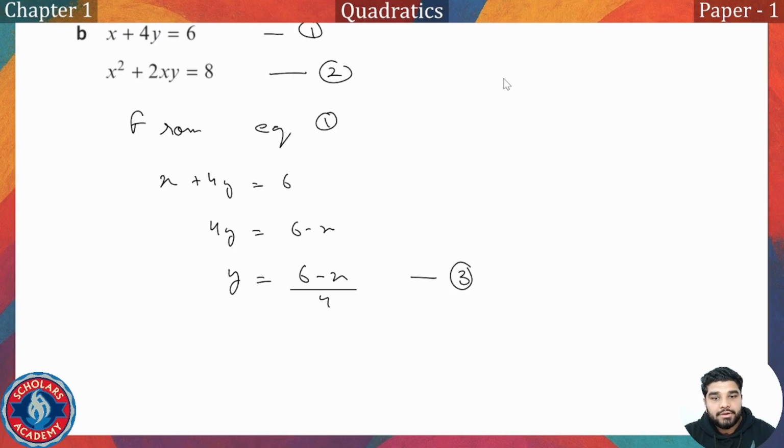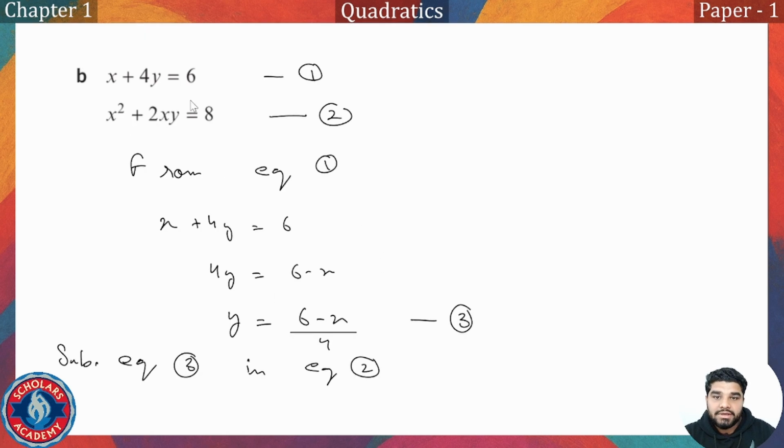Now substituting equation 3 in equation 2, right? If I substitute this over here in this given y, what I'm doing is finding the value of one variable from one equation and substituting that in the other equation, because both the values of x and y will be the same for those particular 2 points of intersection, right?